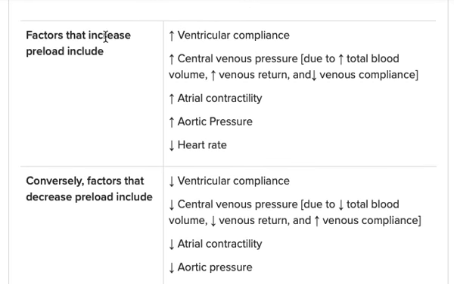Factors that increase preload include increased ventricular compliance, increased central venous pressure due to increased total blood volume, increased venous return, decreased venous compliance, increased atrial contractility, increased aortic pressure, and decreased heart rate.